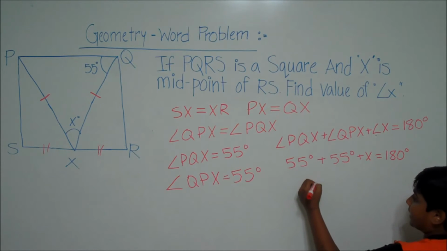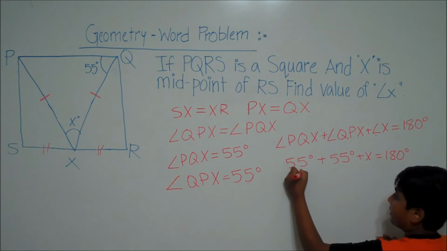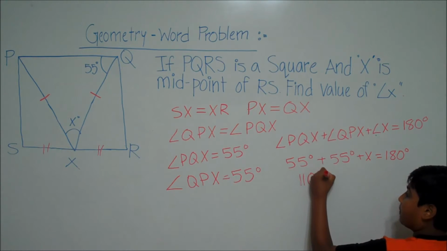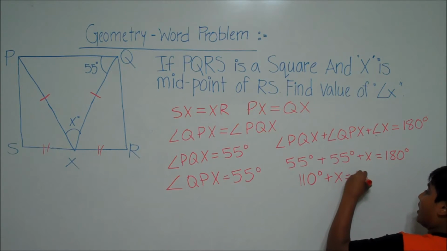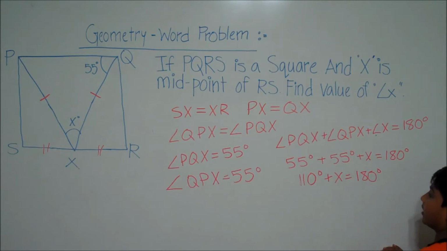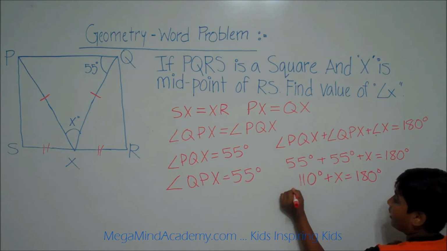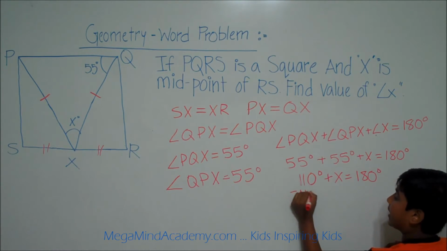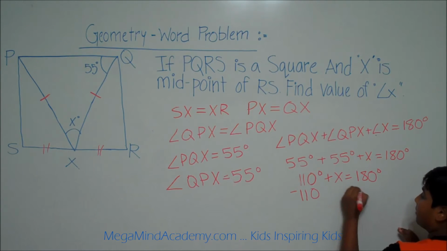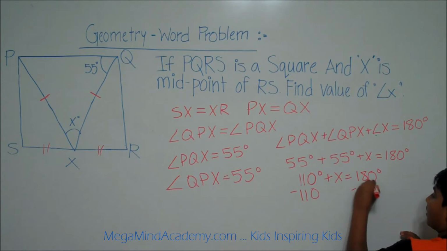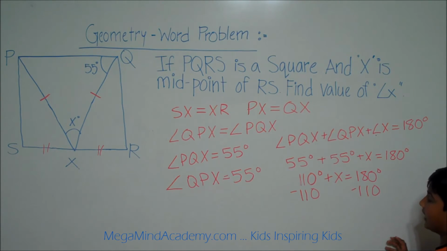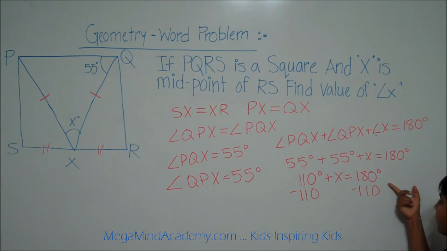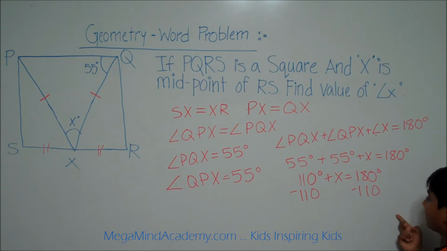So 110 degrees plus x is equal to 180 degrees. Now let's subtract 110 degrees from both sides. So that means 110 minus 110 is equal to 0, and 180 minus 110 is equal to 70.